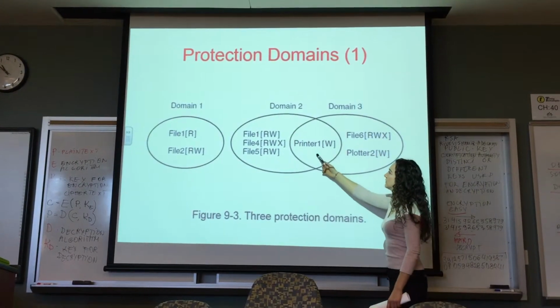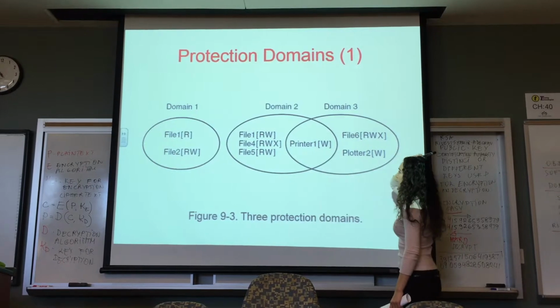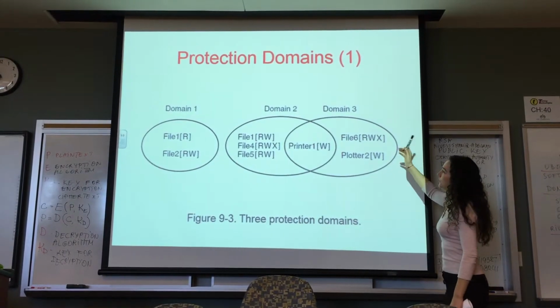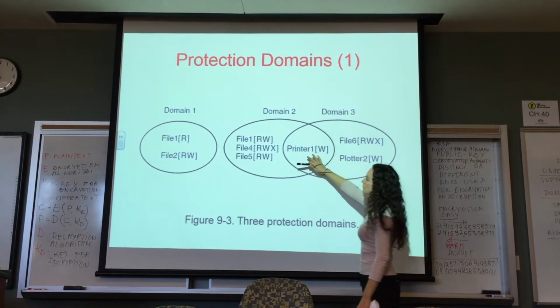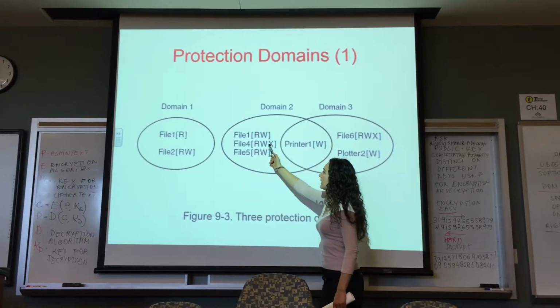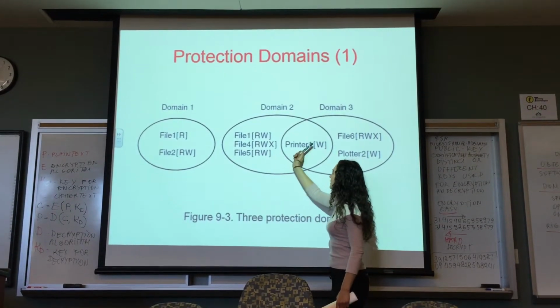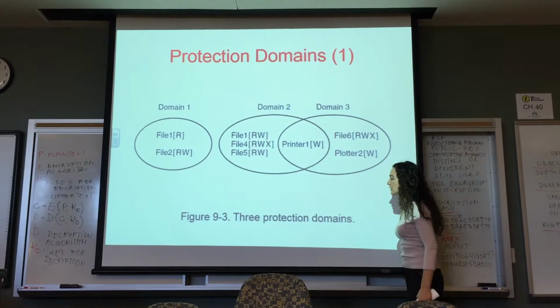This printer happens to be in both domains 2 and 3 at the same time. So if a process is in domain 2, it has read and write permissions for file 1, read, write, and execute for file 4, file 5, read and write, and it also can use the printer.